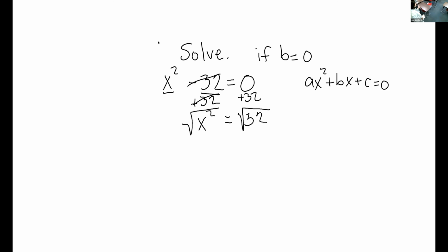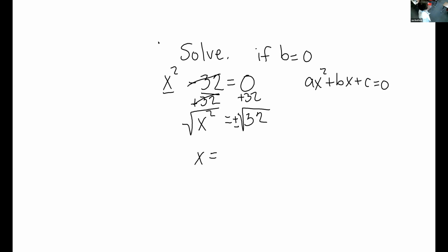This is the tricky part. There you go. If I'm putting the square root into the problem, I have to remember there's both a positive and a negative root. So I have to put a plus or minus in front of that square root sign. Okay? And that means the square root of x squared is just x.